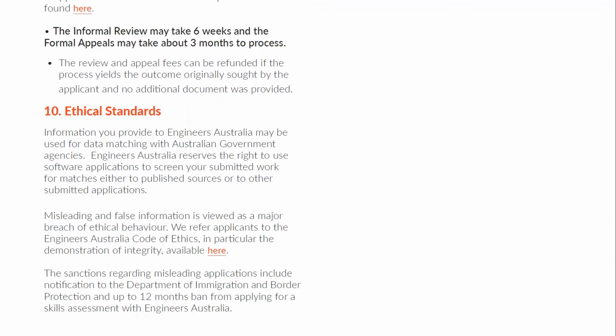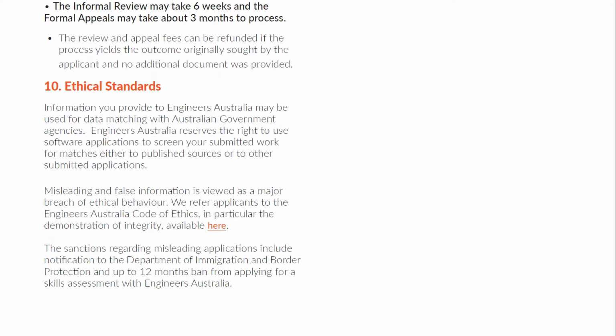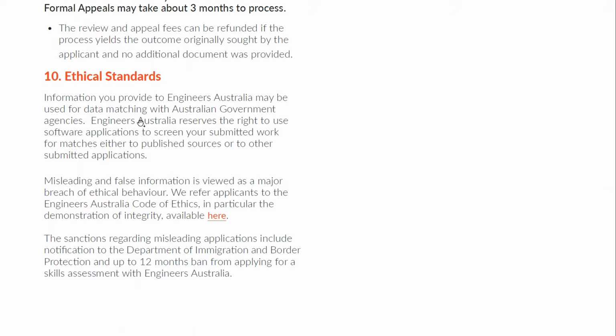Ethical standards are a very important part of it. Information you provide to Engineers Australia may be used for data matching with Australian government agencies, because you can't plagiarize or provide others' information as yours. They will check through Turnitin and other software and match.